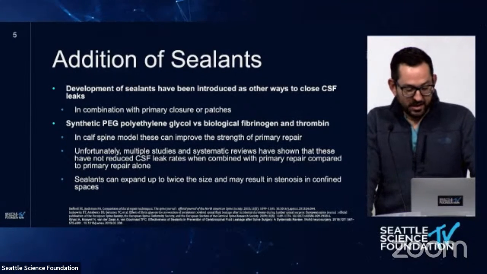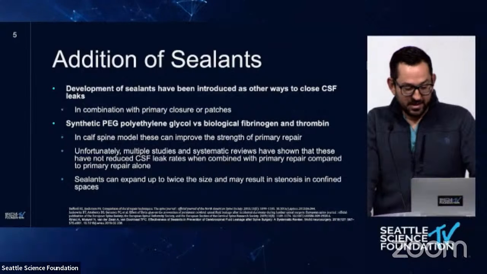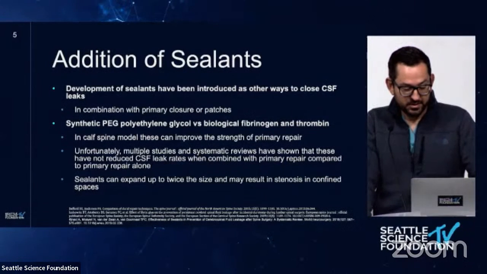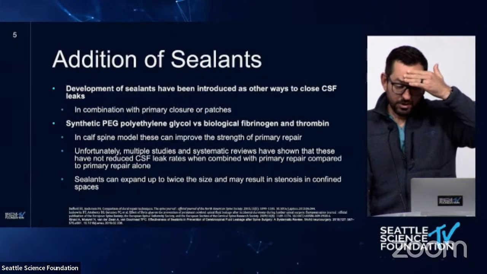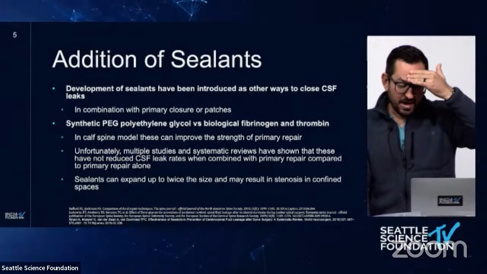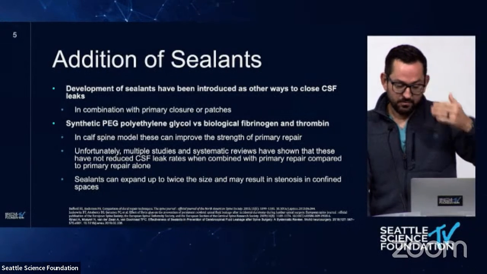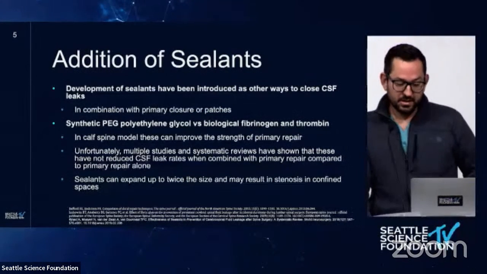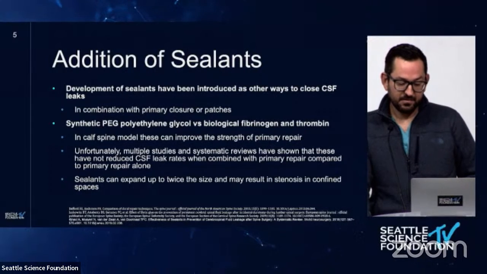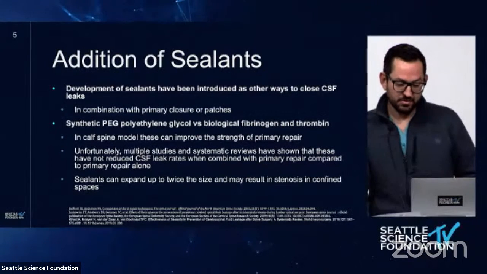There was one calf spine model that showed these can improve the strength of a primary repair when used in addition to sutures. However, there are multiple reasonably done systematic reviews looking at all the available literature of whether or not sealants actually make a difference on CSF leaks, and all of them show that there is no difference whether or not you use sealants versus no sealants, which I thought was kind of surprising.